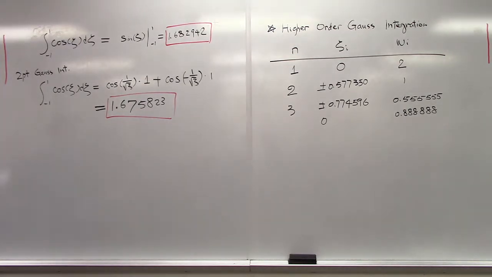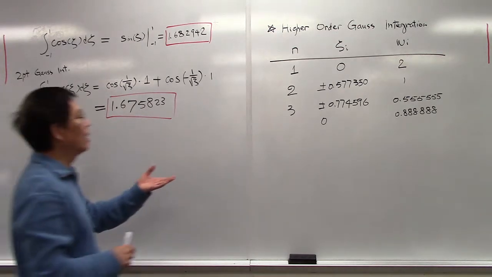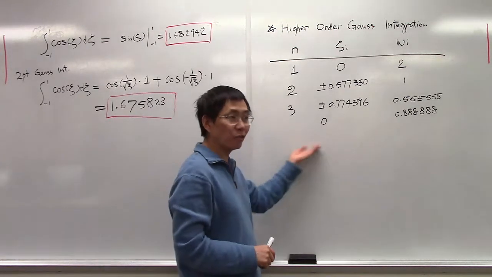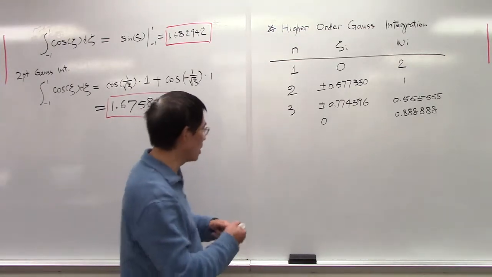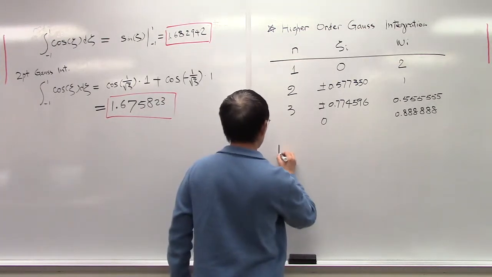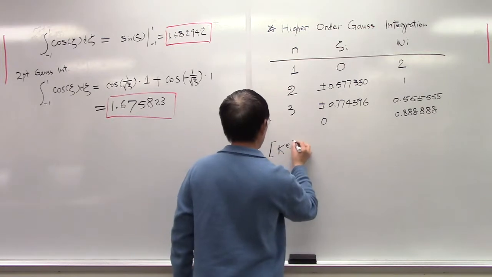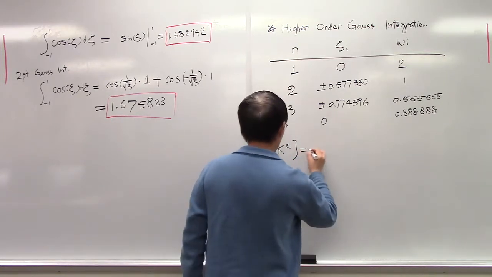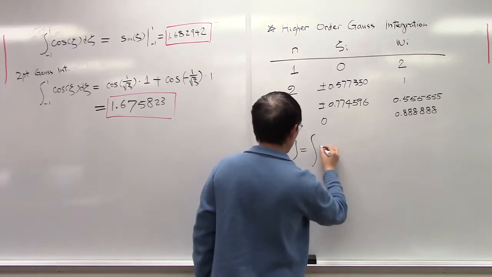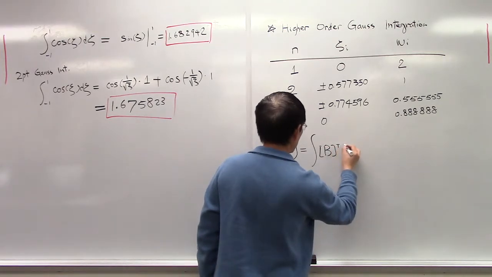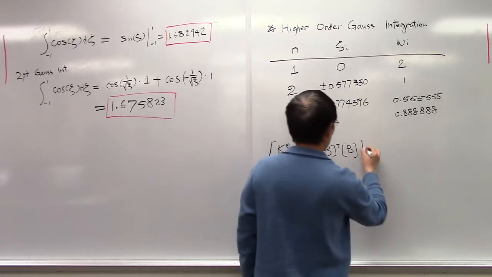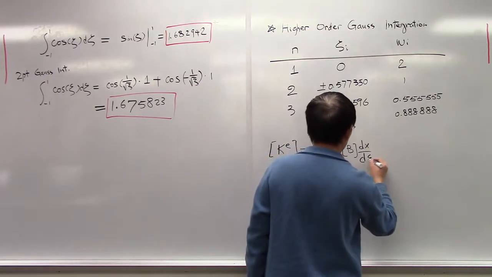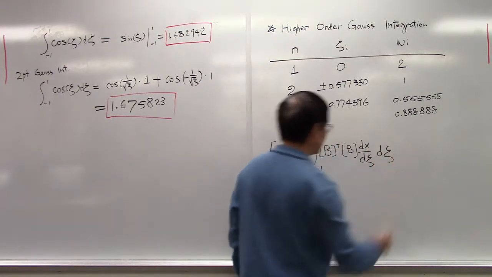Okay, now we are armed with the new knowledge of numerical integration. We can look at the previous formulas and do this KE, which is B transpose, and then B, from -1 to 1, dx, d theta, and then t theta.